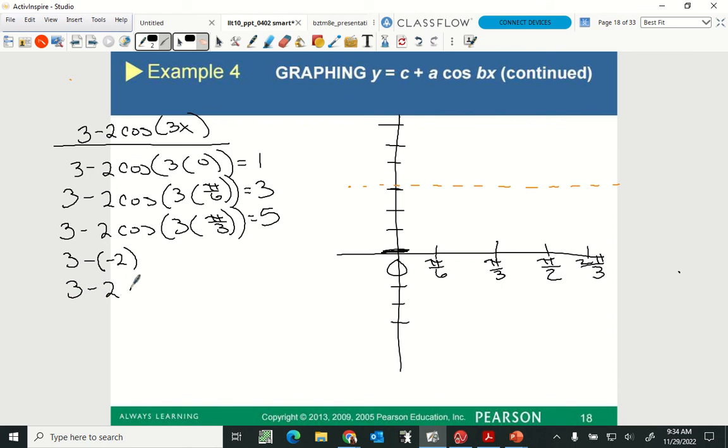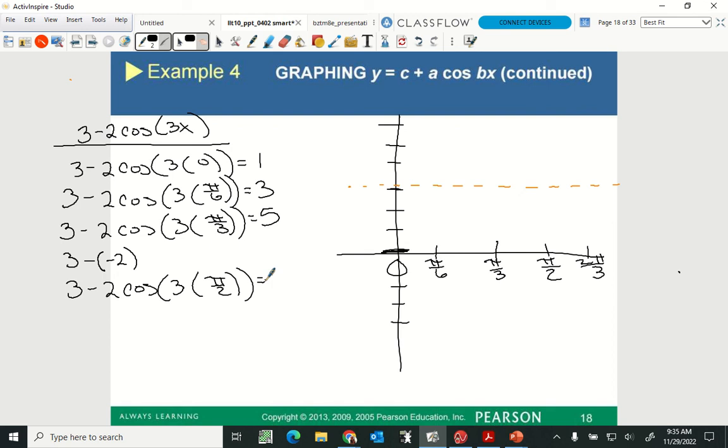3 minus 2 cosine at 3 pi over 2. Alrighty, so 3 times pi over 2 is 3 pi over 2, very good.